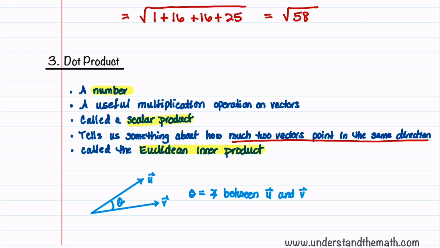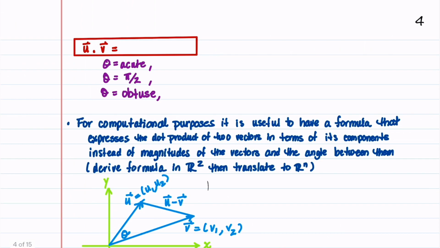We'll begin our study of the dot product with two vectors, u and v, that are separated by an angle theta. The dot product of u and v is equal to the magnitude of u times the magnitude of v times the cosine of the angle between those two vectors.